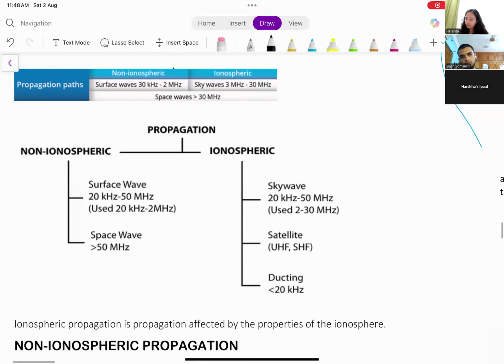So that type of propagation is known as non-ionospheric propagation. We are using the surface waves or the ground waves. The one in which we are using the ionosphere is known as the ionospheric propagation path, the ionospheric method of transmitting and receiving the signals.